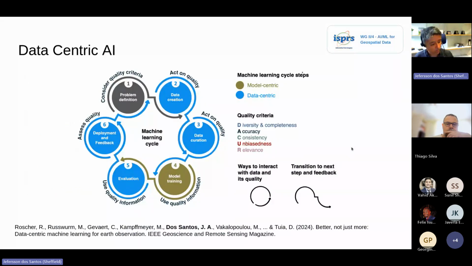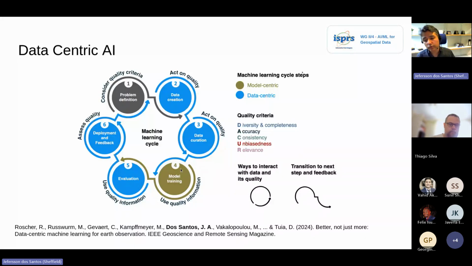Yeah, in this sense, I've been working with some other researchers towards this concept here, which is called data-centric AI, which is a kind of a broad concept that discusses more the development of tools, not only for improving the models, but also in the whole pipeline, since the data acquisition, passing through all of these steps, data creation, of course model training is important, but also evaluation, deployment, and also how to solve the problem.